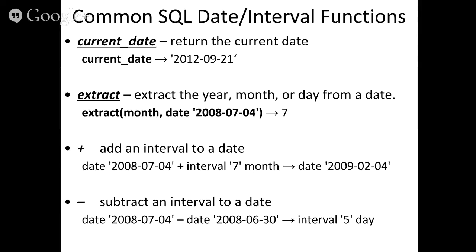Here's a couple of other functions that are specific to dates. CURRENT_DATE will always give you the current date. EXTRACT, given a date instance, allows you to extract various parts of that date: the month, the day, the year. So, for instance, you can extract the month of a particular date. Now, this date over here is a literal date.